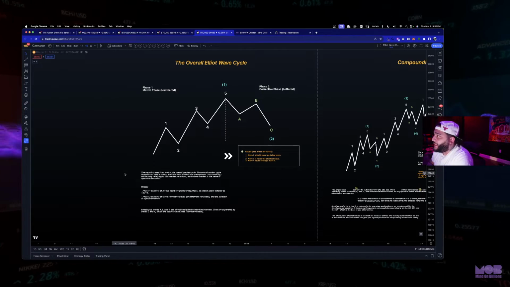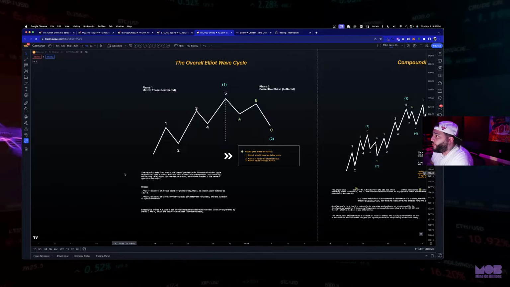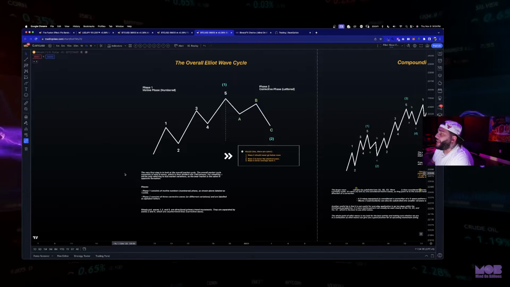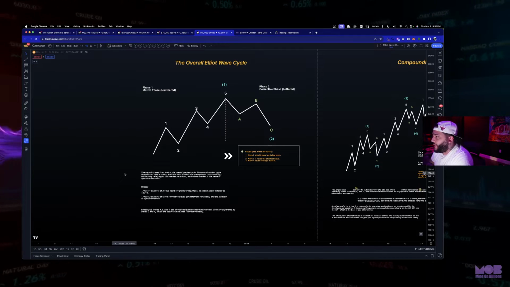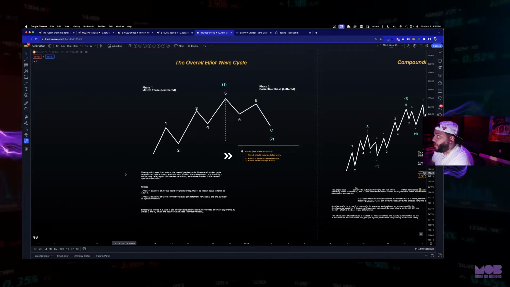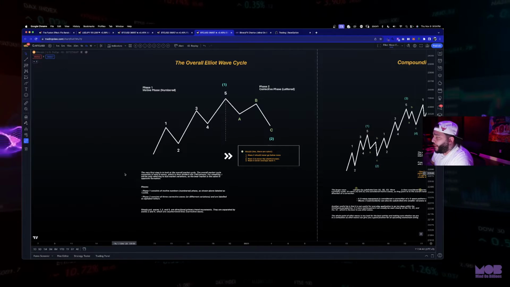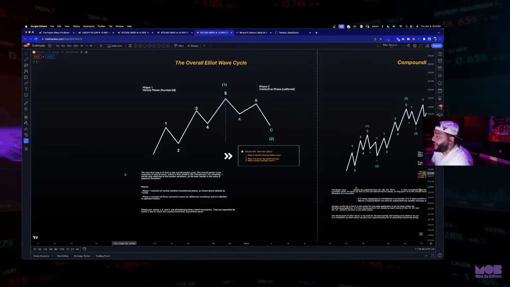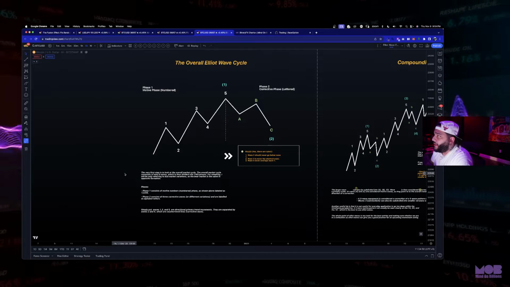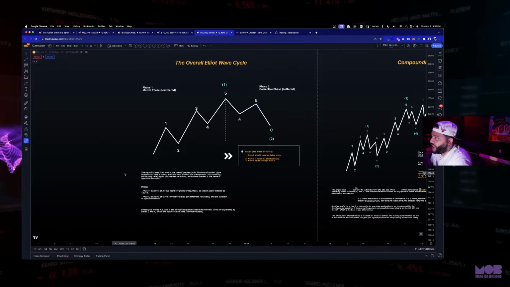For simplicity, I will be only referring to the bull market variations, as the bear market is the same in opposite formation. So basically, if we're going to draw out the bearish waves, it'll be the same except that it's the exact opposite. So just get the gist over here.